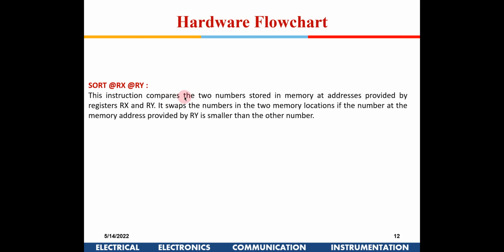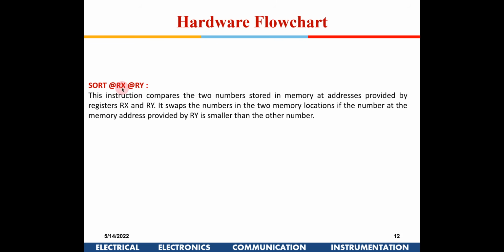Now let me give one more example out here, which is sort Rx and Ry. Again, the at-the-rate symbol is written here. That means whatever are the contents of Rx, we are not checking the contents of Rx and Ry, but the addresses.